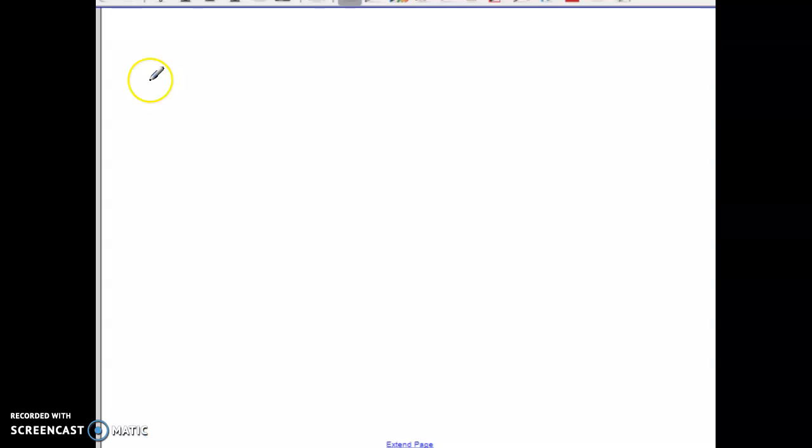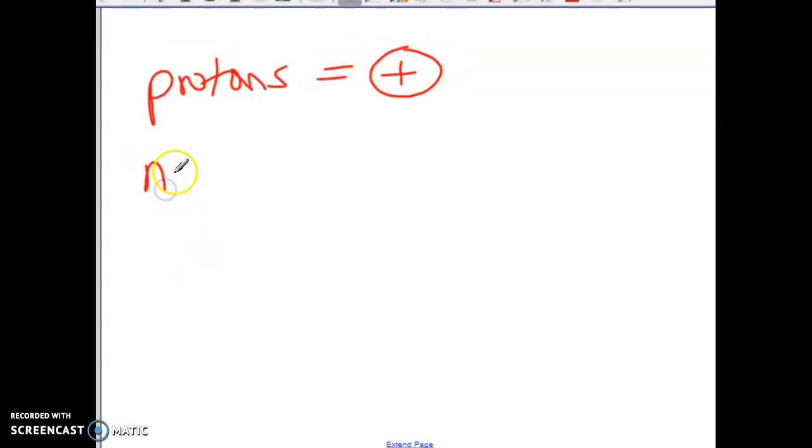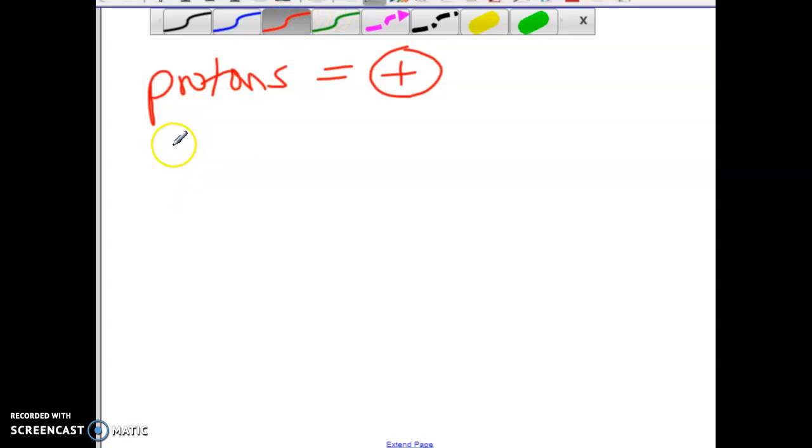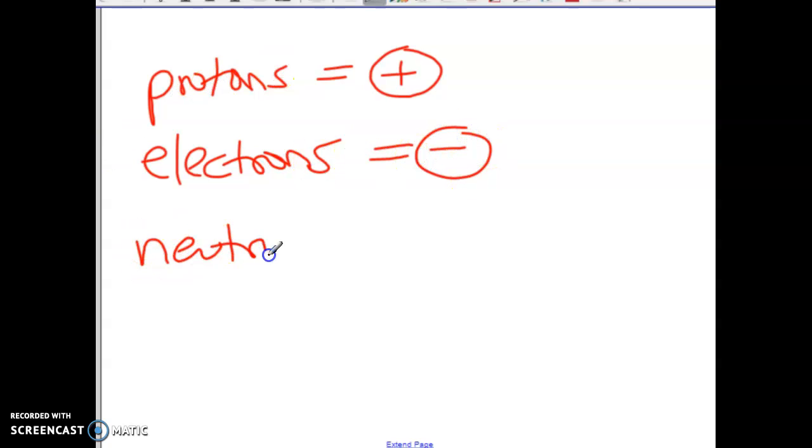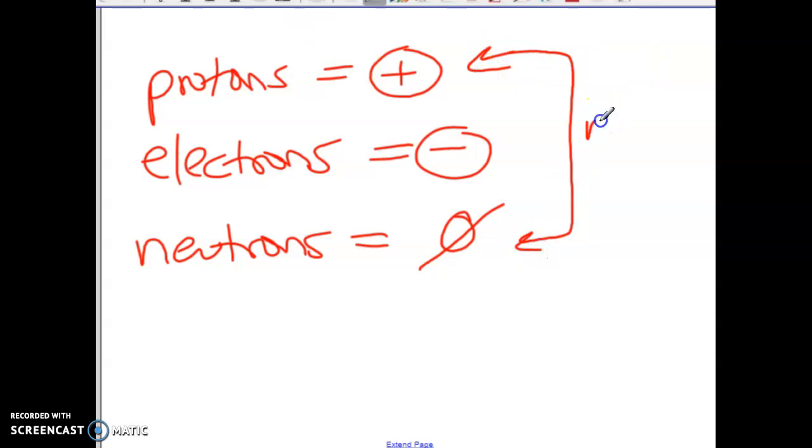So let's make a summary chart. We have protons that are positively charged. We have electrons that are negatively charged. And we also have neutrons that are neutral. They have no charge. Protons and neutrons are found in the nucleus, which is that center dense part of the atom.